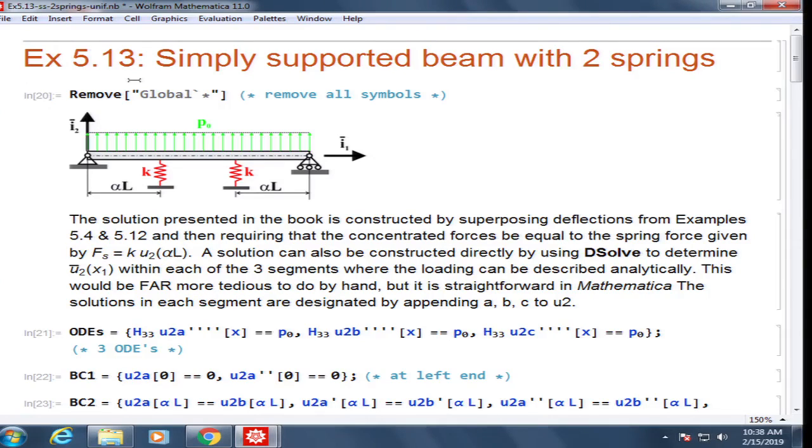The displacement and moments are 0 on this end as well, but the question is about what's happening at the center where there is a spring. So we can do again the same thing. We divide this beam in multiple parts, right? And we have to first think about displacement.